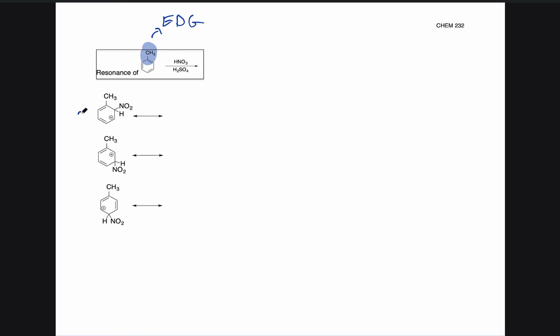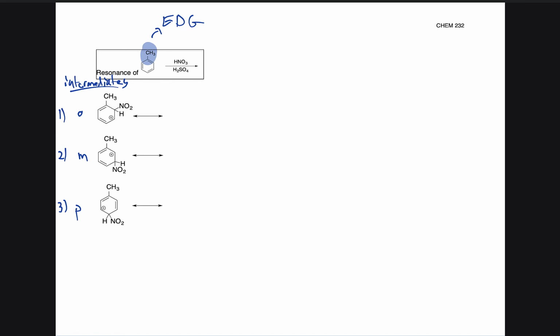So we have the nitro group added. Again, we have all these intermediates on the left, and the nitro group has added ortho in the first example. It's added meta in the second example, and we're adding it para in our last example here, okay?